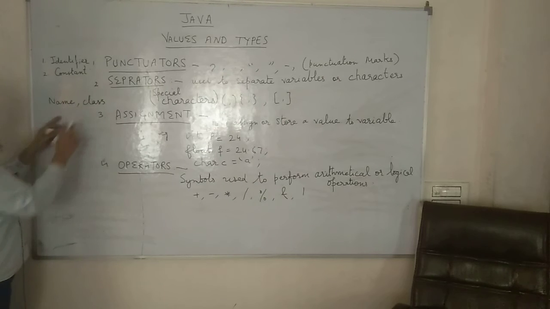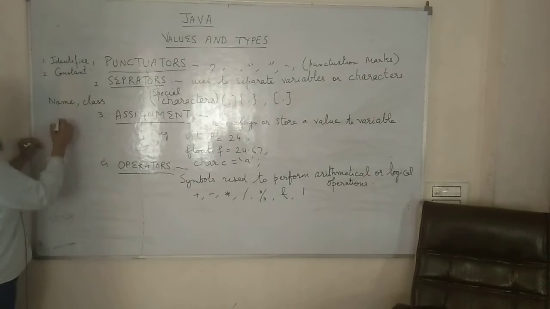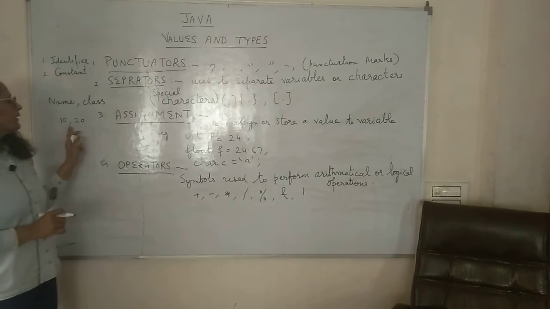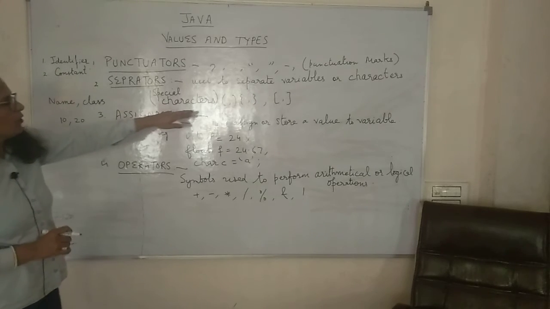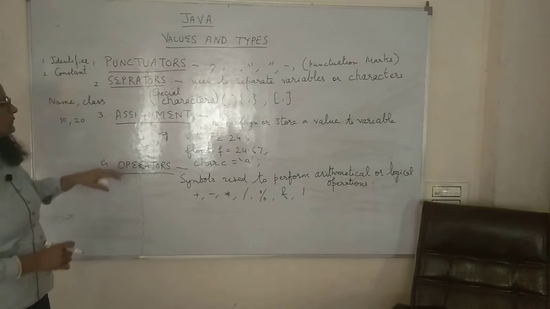So these two variables can be separated with the comma operator. Similarly, the values, just like 10 and 20, these two values are constants and they can be separated with the help of comma operator, and this is also known as separator.